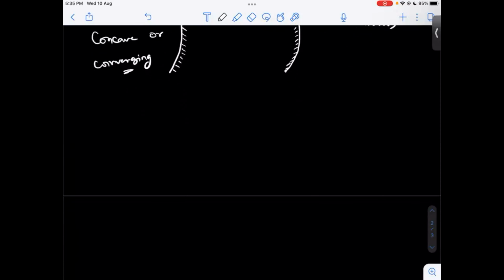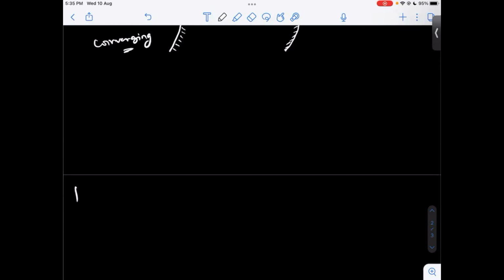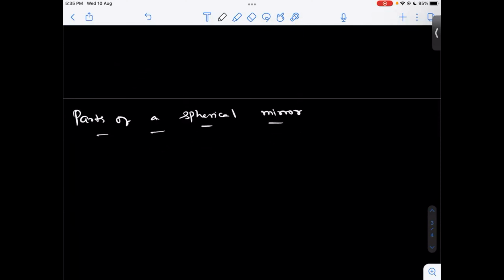So when you're talking about the parts of a spherical mirror, you can talk for both concave and convex.